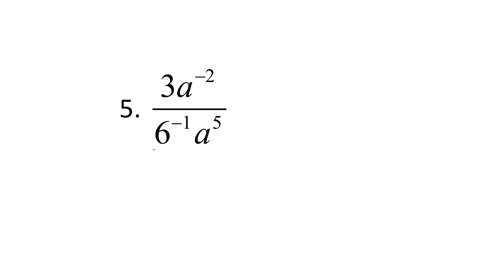So if there's no big outside exponents, I'm going to move the negative exponents to the opposite parts of the fraction. I'm going to say 3 over, I'll bring the a to the negative 2nd to the bottom. So on the bottom, I'm going to have a to the 5th and a to the positive 2nd, because when you move it down, it becomes positive. And then the 6 to the negative 1, I'll move to the top, and it'll become times 6 to the positive 1.